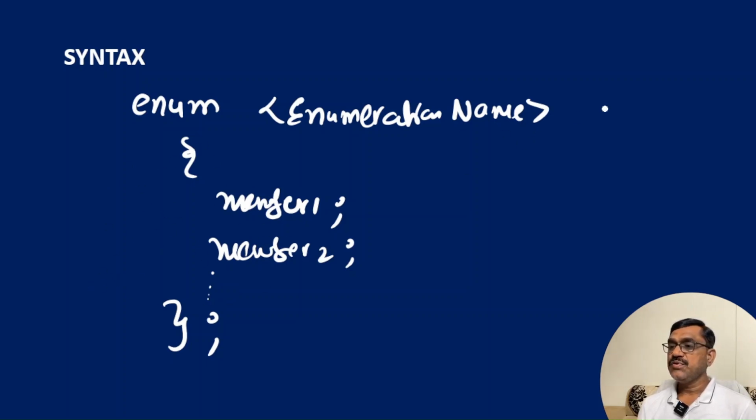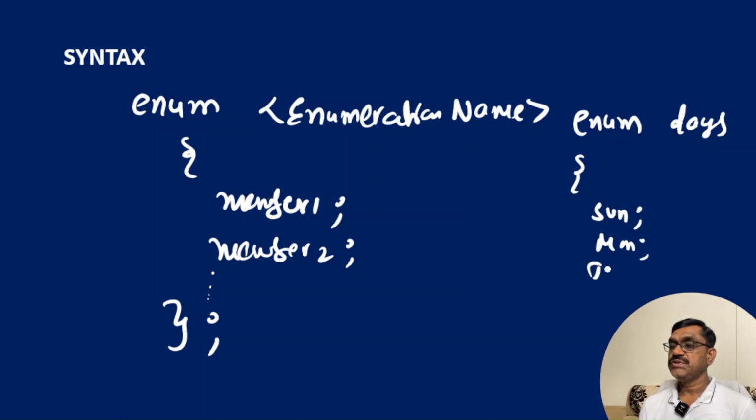Example, we can see enum, and here you can take days as the name of the enumeration type, enum days. So in days, mainly we are going to take Sunday, Monday, Tuesday, Wednesday, Thursday, Friday, Saturday.